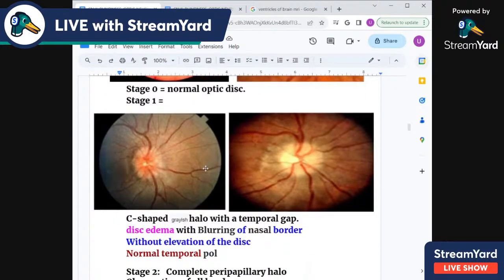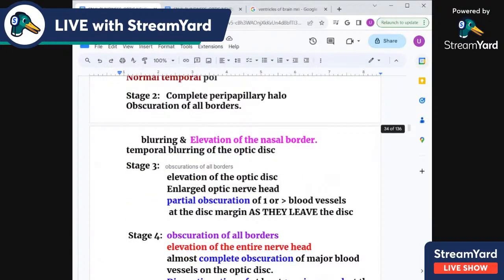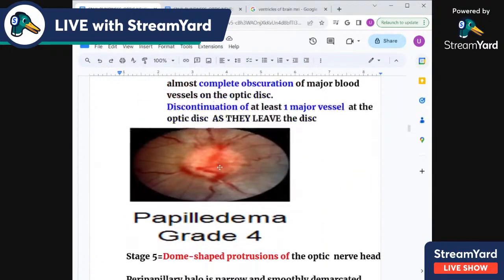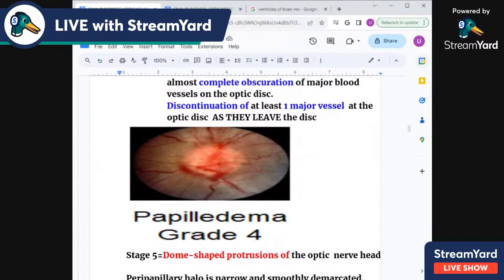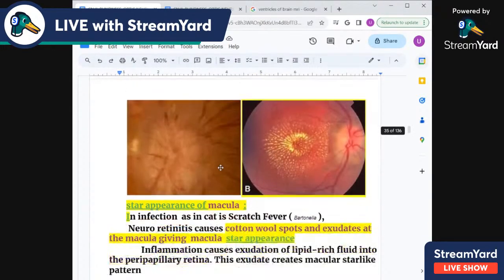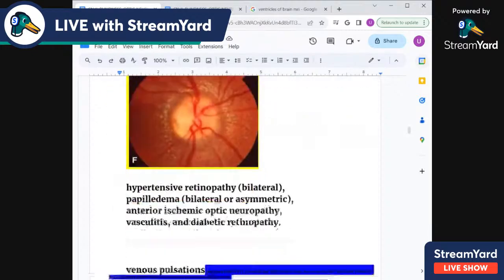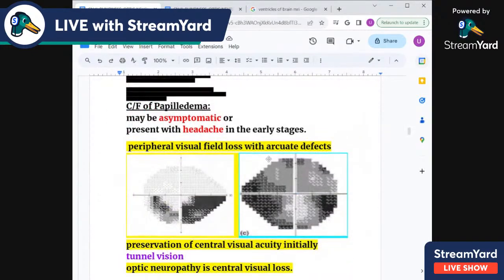Then stage 3, partial obscuration of a blood vessel, leaving the optic disc, and stage 4, complete obscuration of the blood vessel, leaving the optic disc, and then stage 5 we have dome-shaped elevation of the optic cup, and then we had also star macula, which occurs in neuroretinitis, but also in papilledema, diabetes, and hypertensive retinopathy.